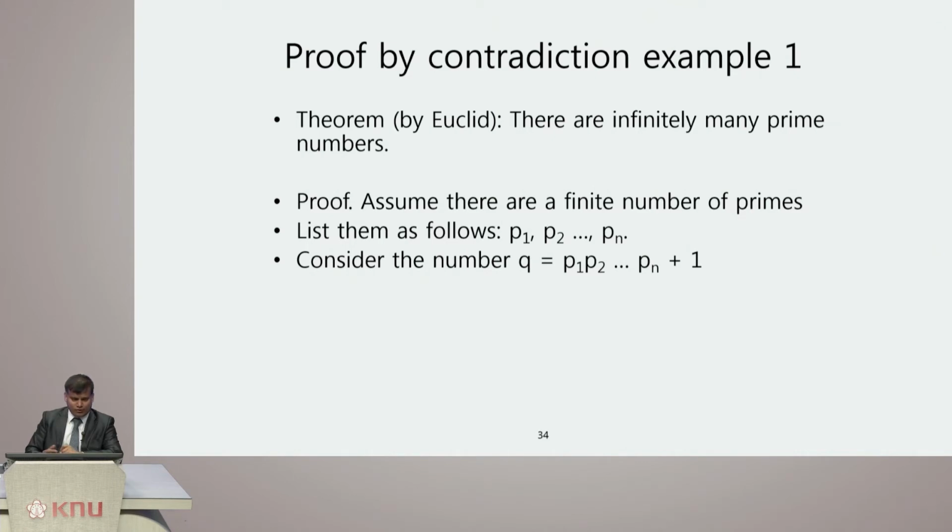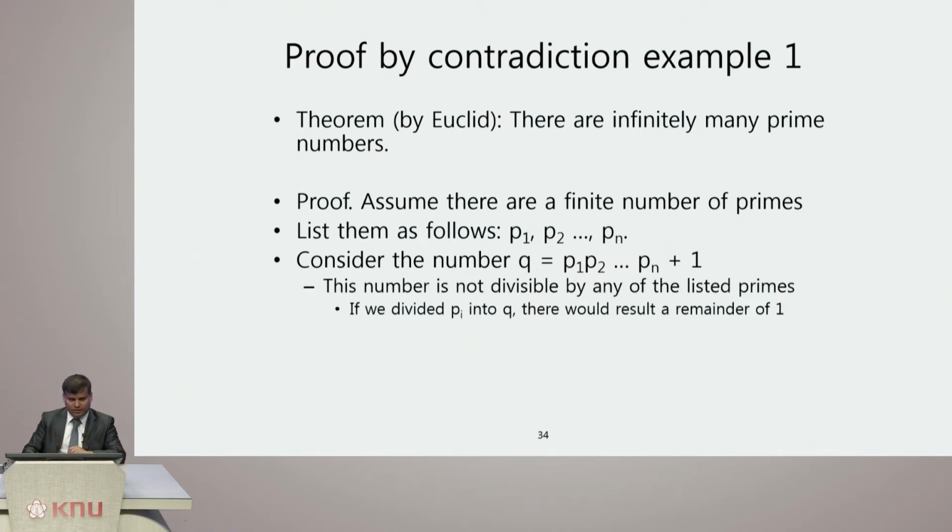Consider the number Q again, which we have seen earlier. Q equals P1, P2 till Pn plus 1, the one beyond the list that has been stated. So this number is not divisible by any of the listed primes.